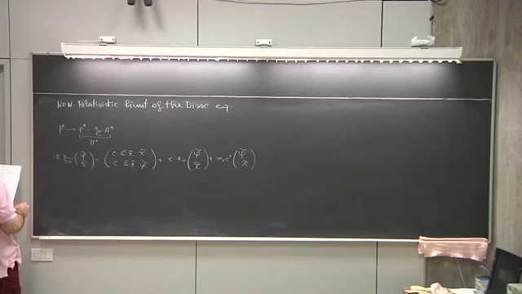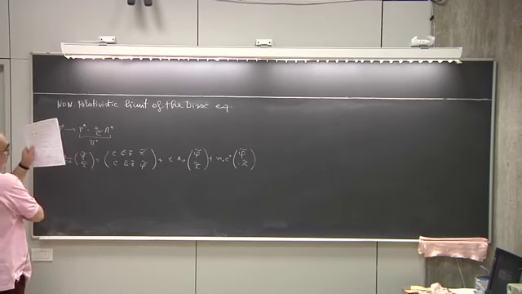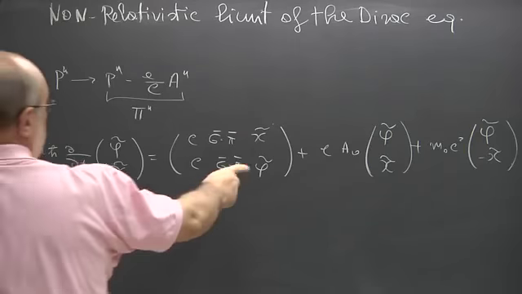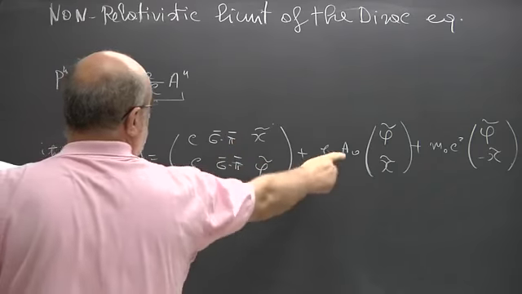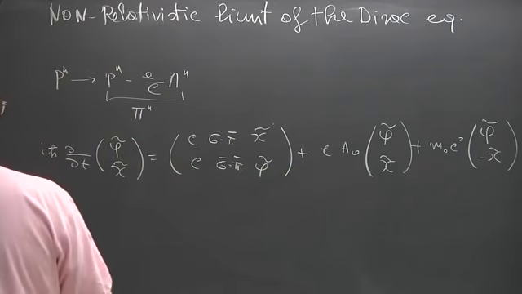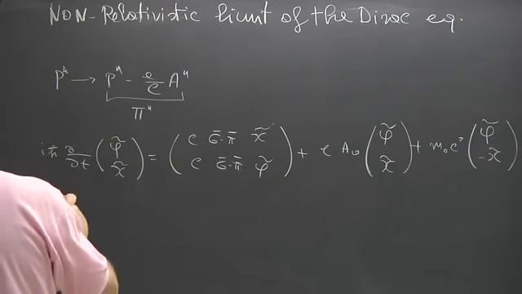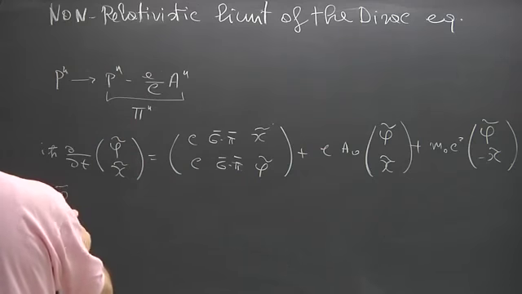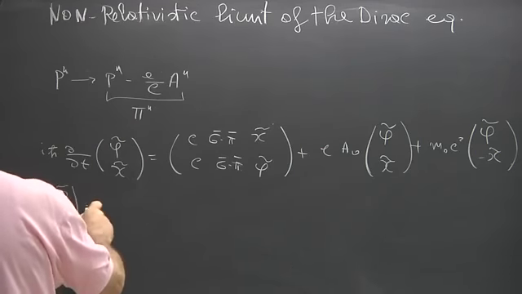And this is the full Dirac equation once you write it with coupling to an electromagnetic field. The electromagnetic field appears here and there. And then we factor out the mass. So we have phi tilde, chi tilde.